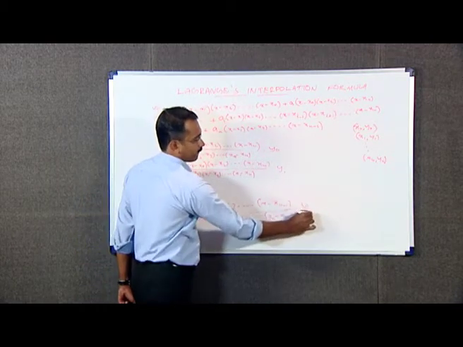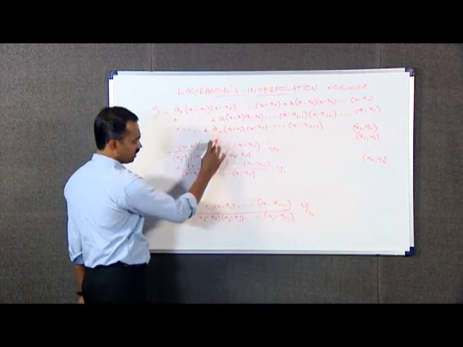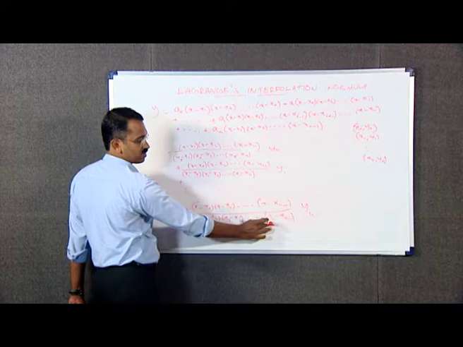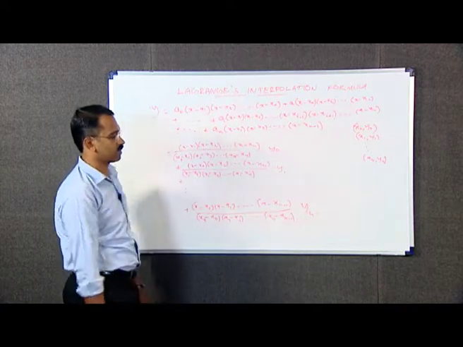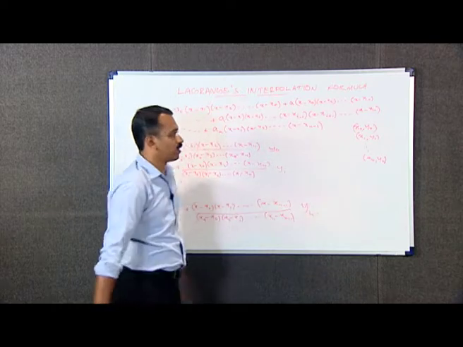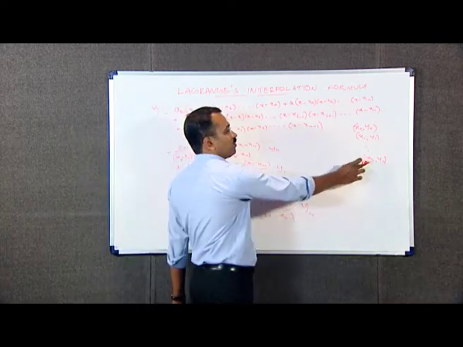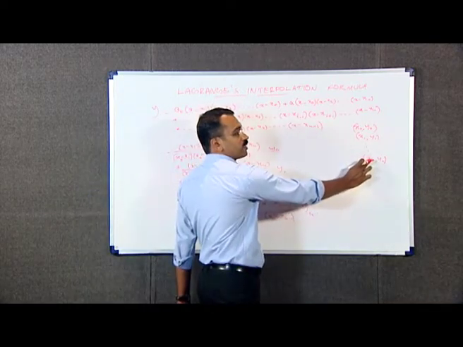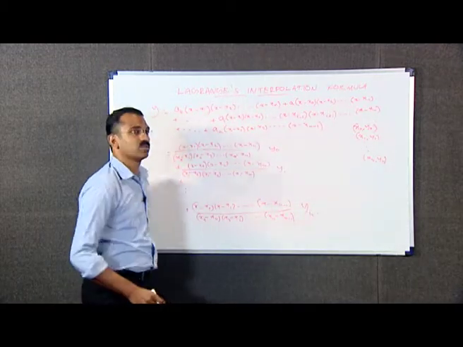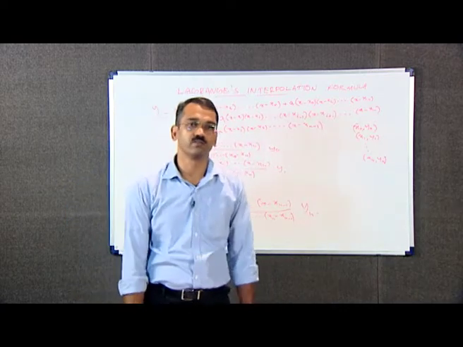Here the value of an is 1 by (xn minus x0) into (xn minus x1) into etc. into (xn minus xn minus 1) into yn, which we obtain if we substitute xn, yn in this expression. Therefore, this is the Lagrange's formula.